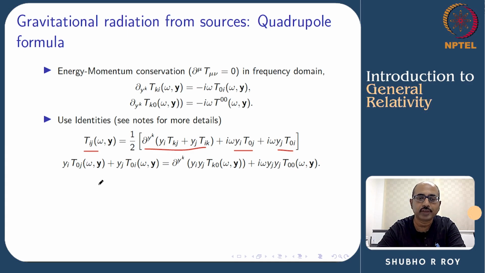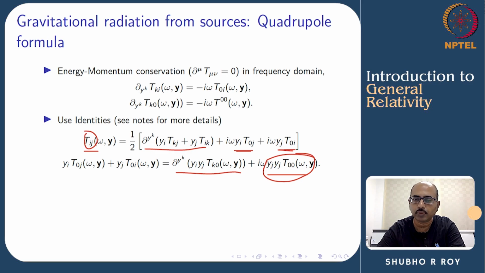And further, a second identity will allow us to convert the moment of the 0i components in terms of another total derivative term and a second order moment, or quadratic moment, of T00. Okay, so ultimately Tij will be related to the second order moment, Ij moment, of T00. Alright, so there are a couple of useful identities which we will use to accomplish that.